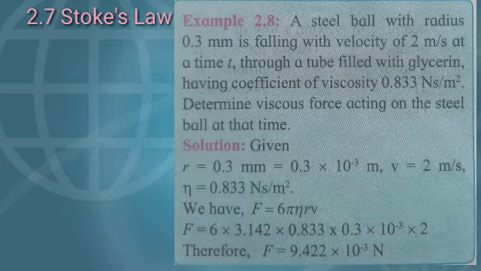We have the formula for the viscous force Fv is equal to 6 pi eta r v. Put all the values in the formula and do the mathematical manipulation with the help of a logarithmic table. We got the answer: viscous force Fv is equal to 9.422 into 10 to the power minus 3 Newton.